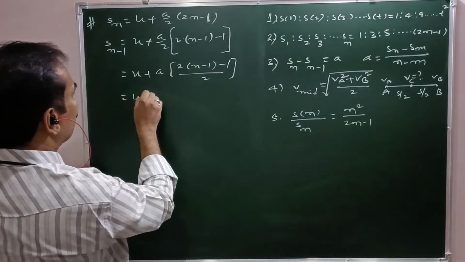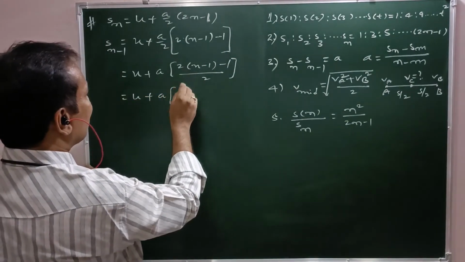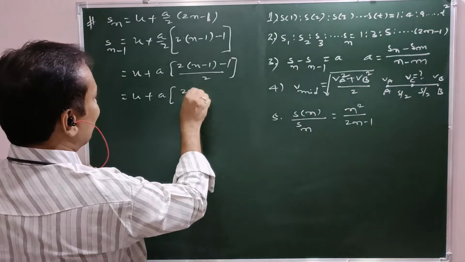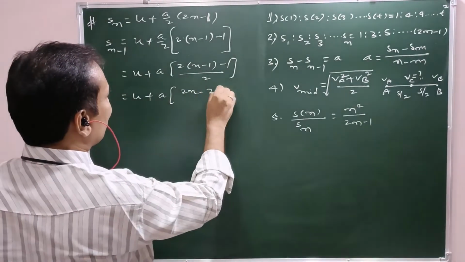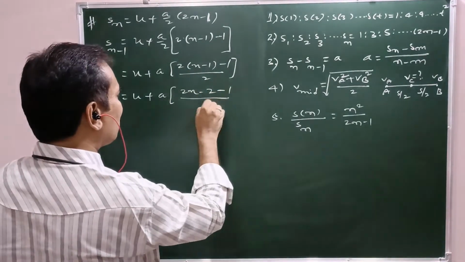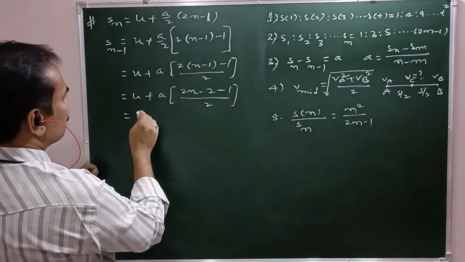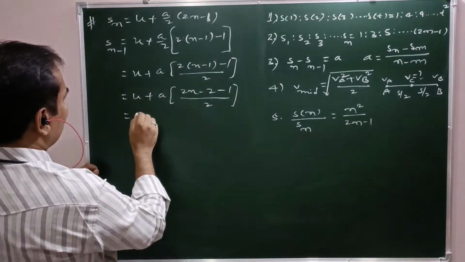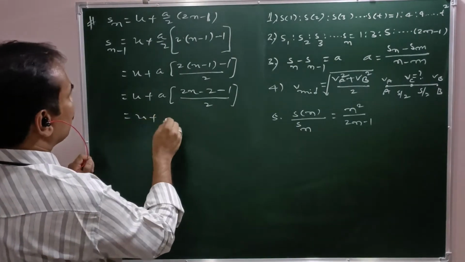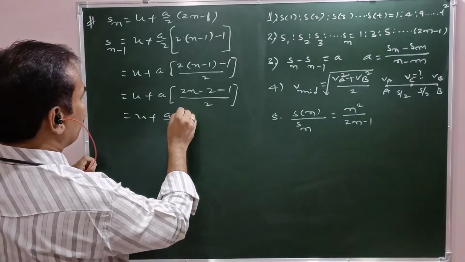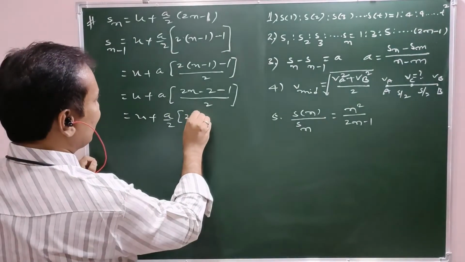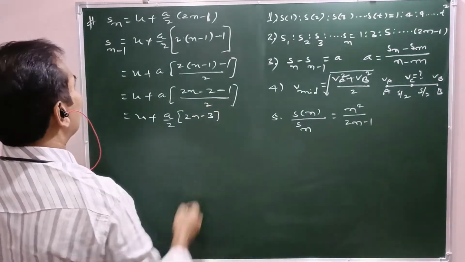So that is equal to u plus a into 2n minus 2 minus 1 by 2, that is u plus a by 2 into 2n minus 3.